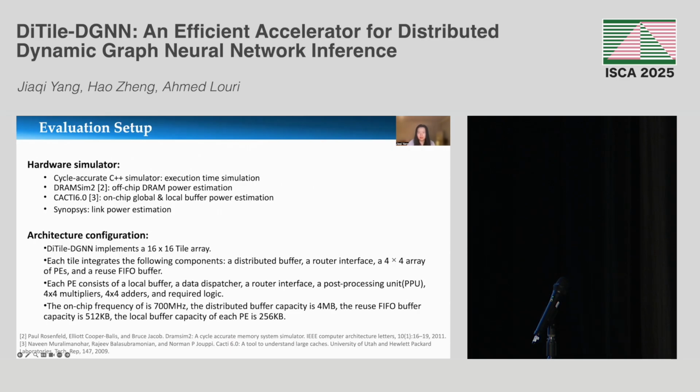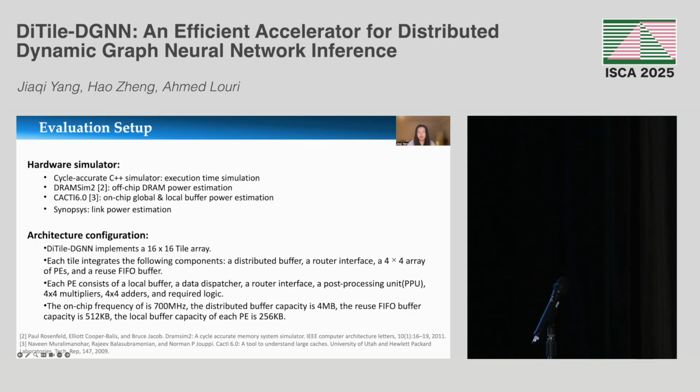Now let's look at the architecture configuration. DiTile-DGNN implements a 16 by 16 tile array, totaling 256 tiles. Each tile integrates a distributed buffer, a router interface, a 4x4 processing element array, and a reuse FIFO buffer for inter-PE and inter-tile data reuse.